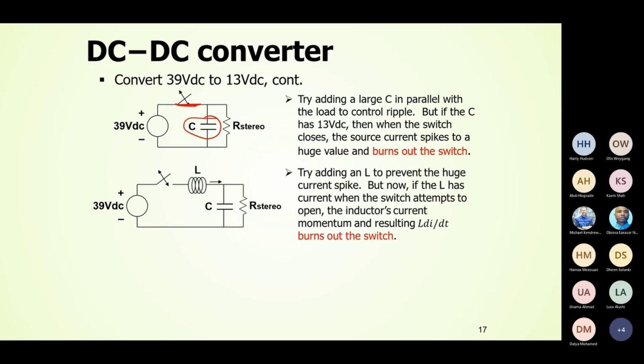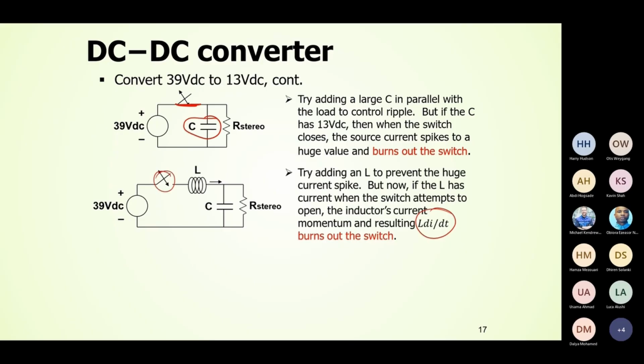If you put in an inductor, but now the inductor also has current, what will this inductor current do? When the switch tries to turn off, this inductor current will cause a high di/dt, a high rate of change of current, and this will also burn your switch.